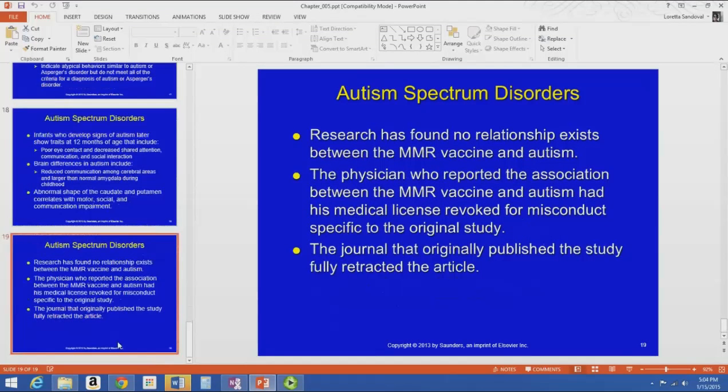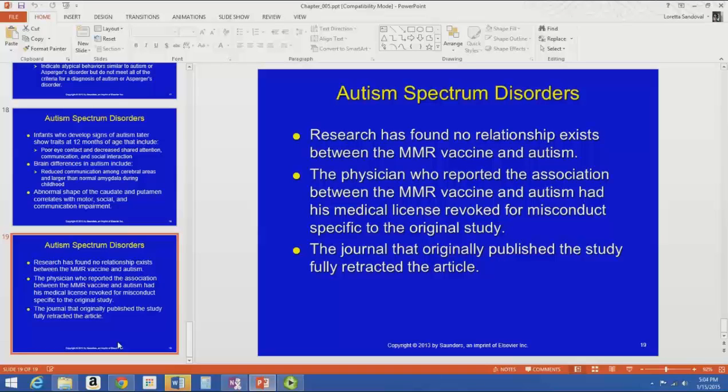So current research has found that no relationship exists between the MMR vaccine and autism. The physician who reported the association originally has had his medical license revoked for misconduct specific to that original study, and the journal that originally published the study fully retracted the article.